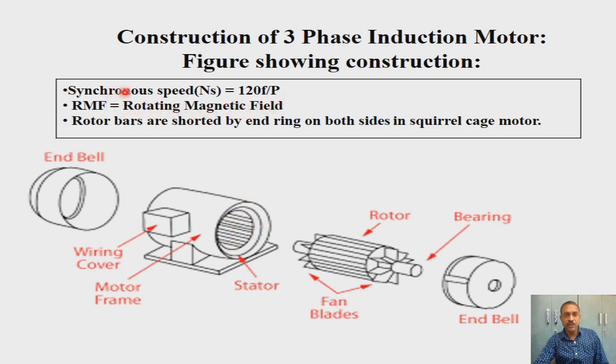This rotating magnetic field will rotate in the air gap and it will be cut by the rotor, and the speed of that rotating magnetic field is given by 120 f by P, where f is the frequency and P is the number of poles of the stator. Such a speed is called the synchronous speed.